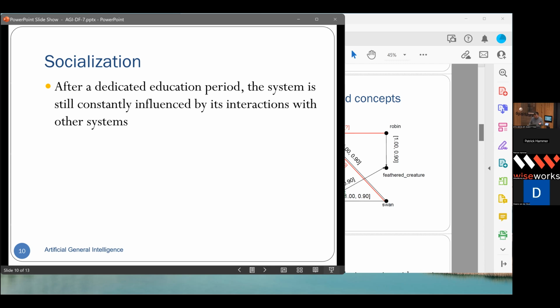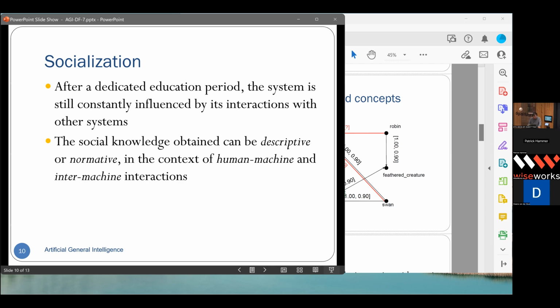Okay? Your opinion will still be influenced by the people you communicate with, clearly. And you also get social knowledge, which includes knowledge about how to deal with other people, what kind of expectation you can have about other people's behavior.